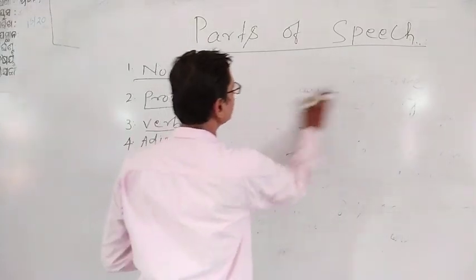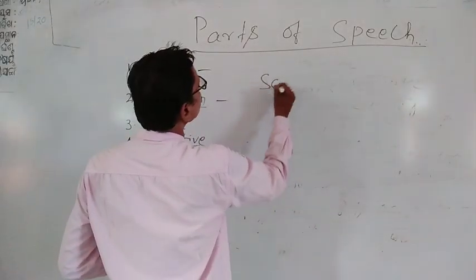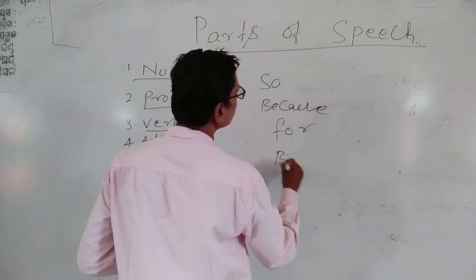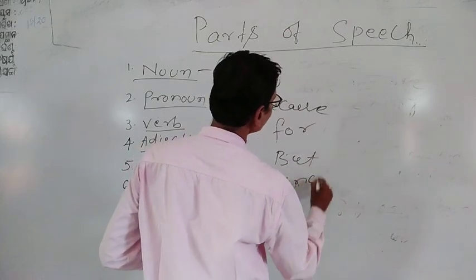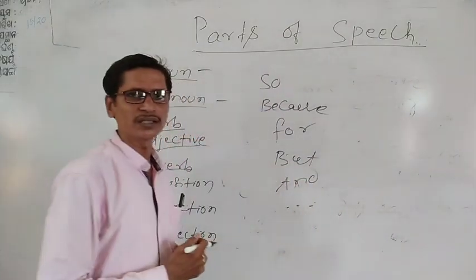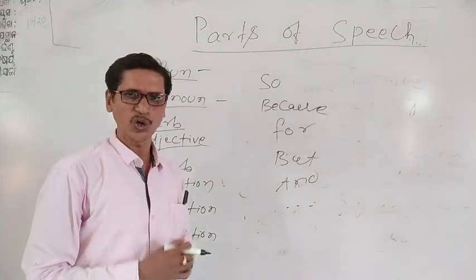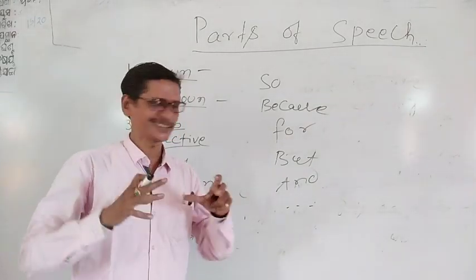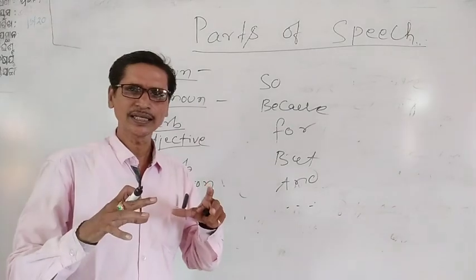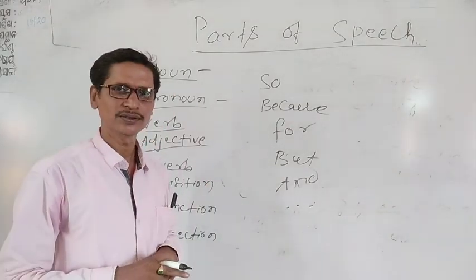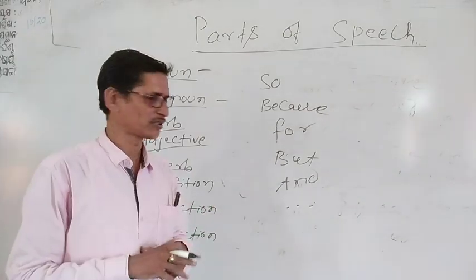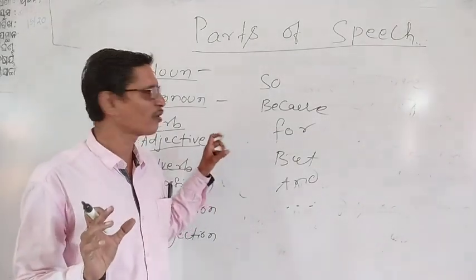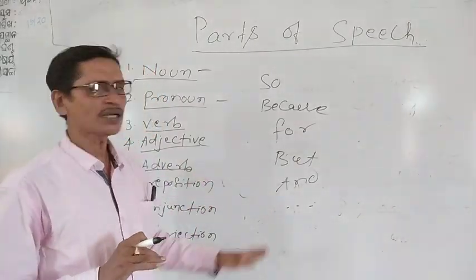Conjunctions like so, because, for, but, and so many such conjunctions are available. We will have one class for conjunctions and discuss them broadly. But today we need to have a fundamental idea about the conjunctions. These are some of the conjunctions.